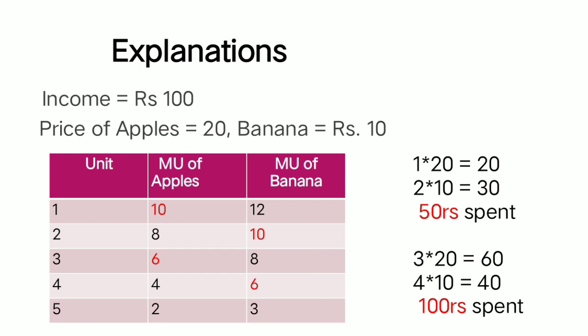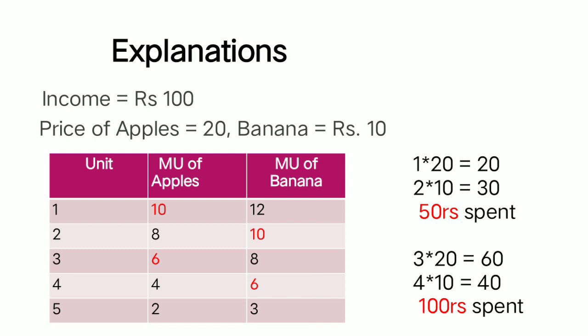Next, the marginal utility of banana starts at 12. We also subtract 2 each time: 12 minus 2 is 10, 10 minus 2 is 8, 8 minus 2 is 6, and 6 minus 2 is 4.